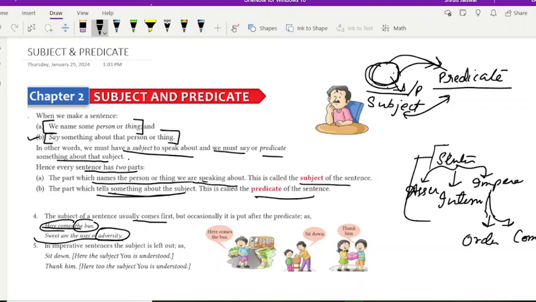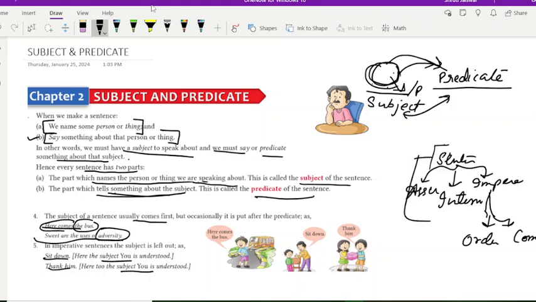Like in these sentences: 'Sit down.' Who sits down? You, me, who? Here, the subject is 'you.' We understand the subject behind this is only the word 'you.' So instead of repeating or pointing out this subject 'you' in English grammar, we generally omit it. 'Thank him.' Who will thank him? You must thank him. That's why the subject is 'you.' So here we automatically understand this when we speak about imperative sentences.